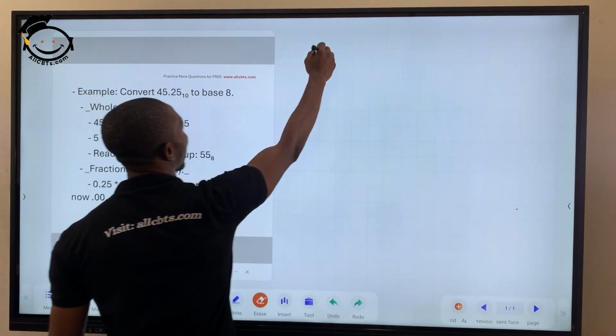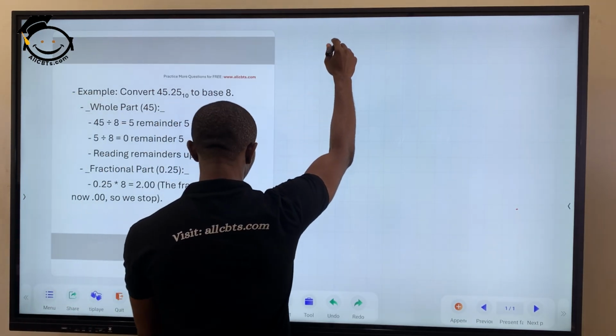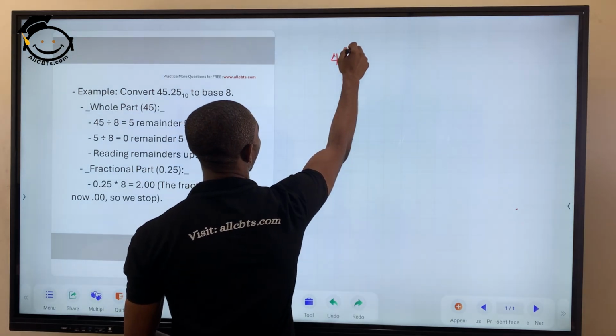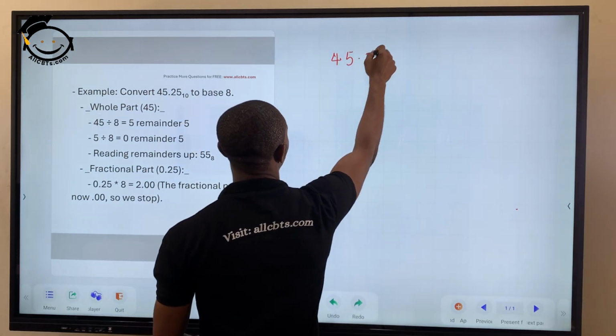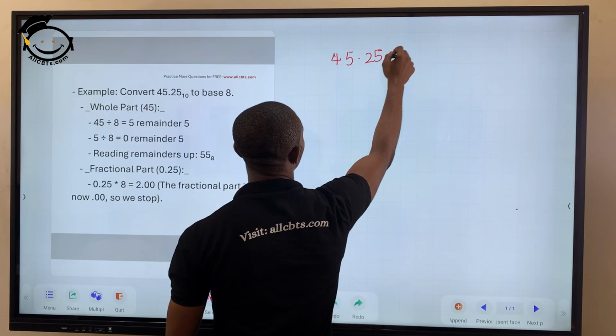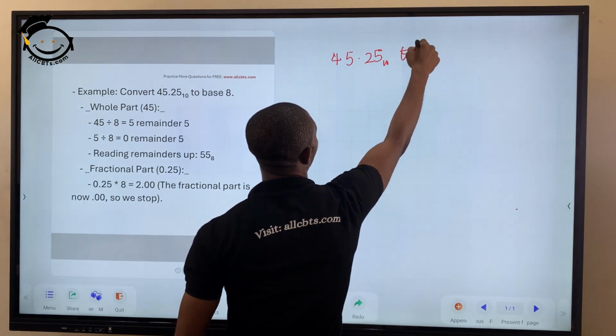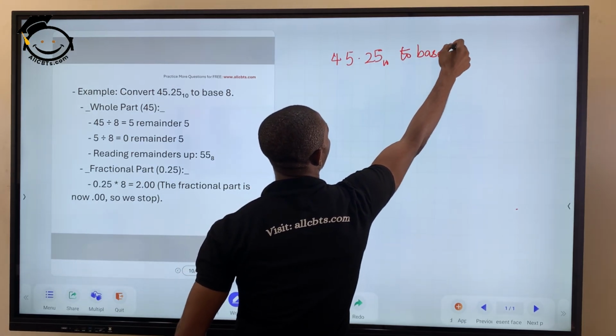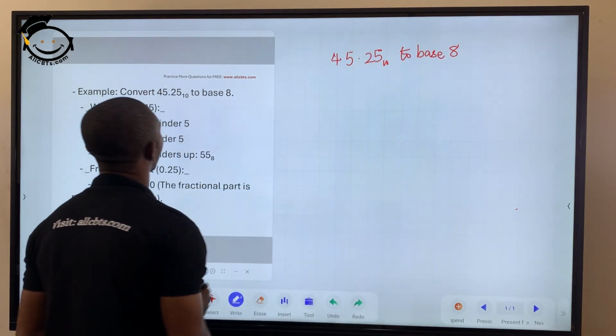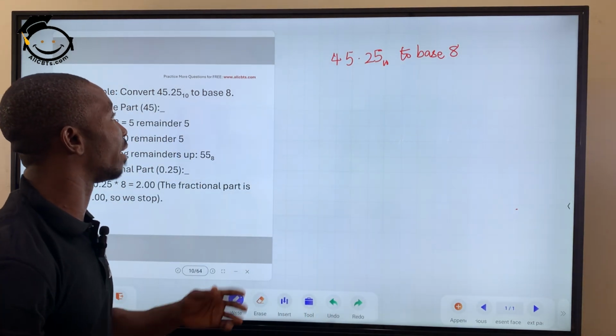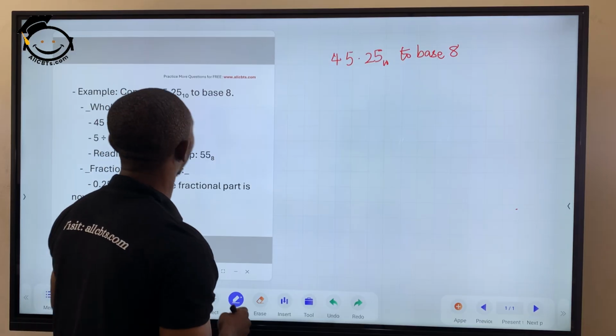We have: convert 45.25 base 10 to base 8. Now, we are converting 45.25 base 10 to base 8.